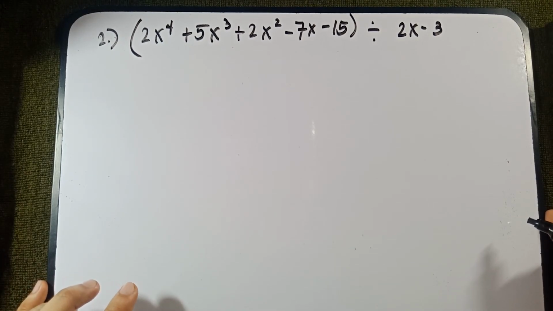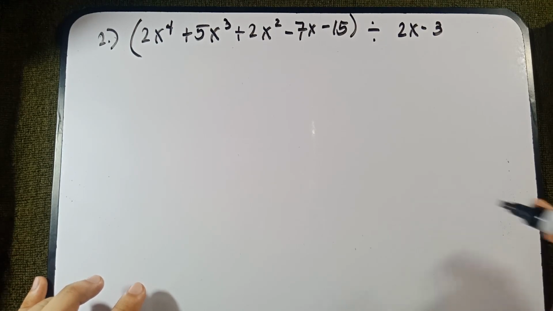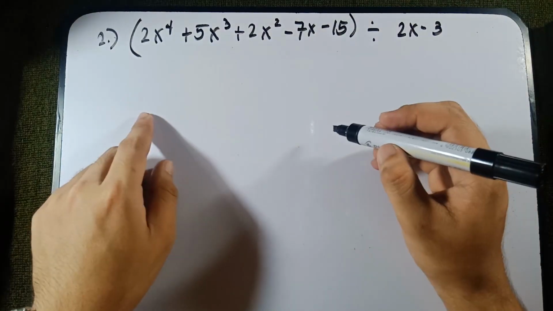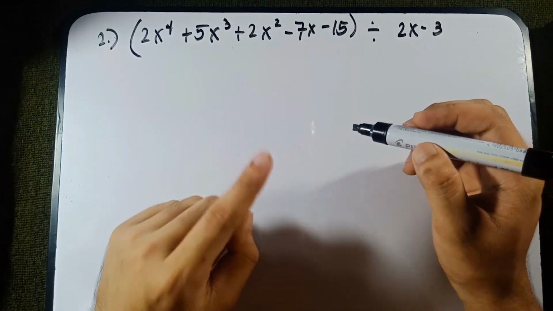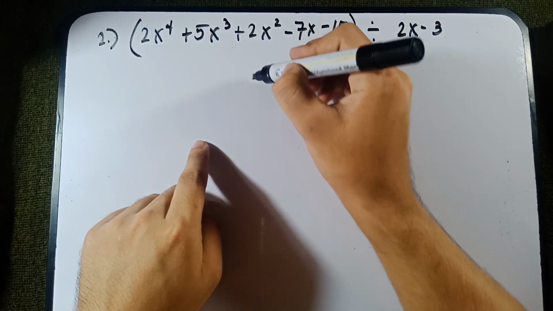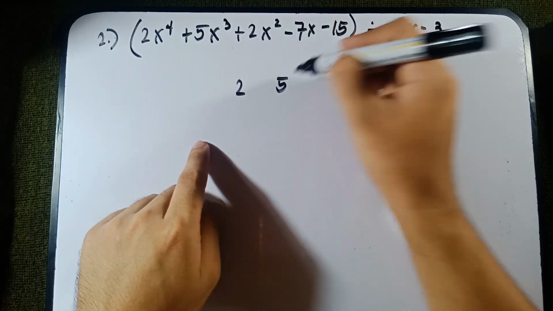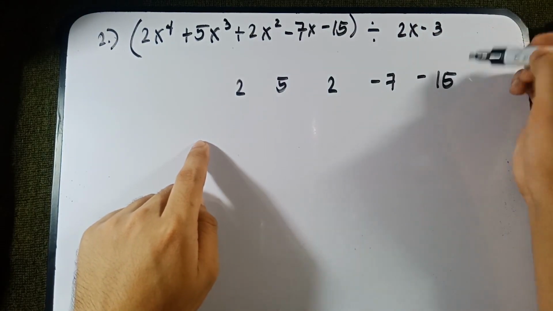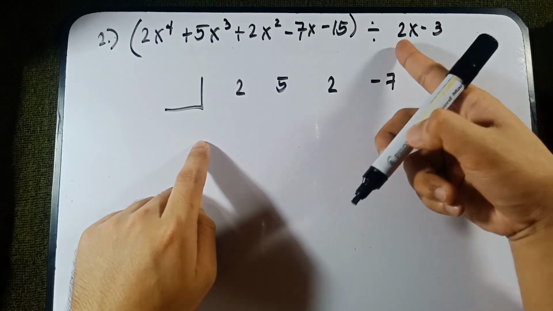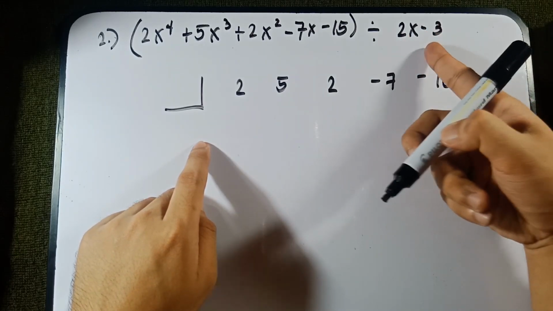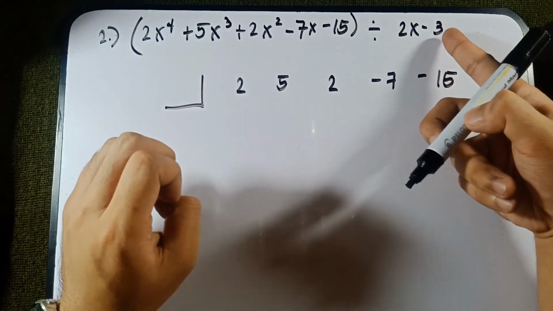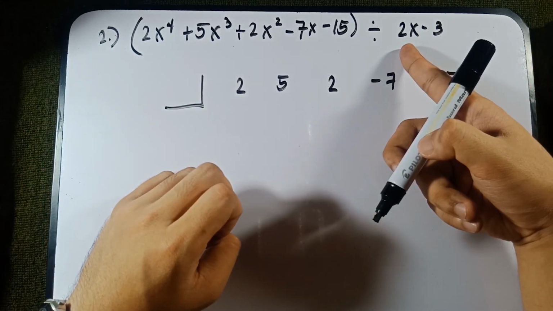Ngayon, by, again, using the synthetic division, linya natin yung mga coefficients. So, again, this is our first method using the synthetic division. So, 2, 5, 2, negative 7, and negative 15. So, yung upuan, this is 2x minus 3. Para makuha natin yung uupo dito, di-divide natin ito sa coefficient ng x natin.